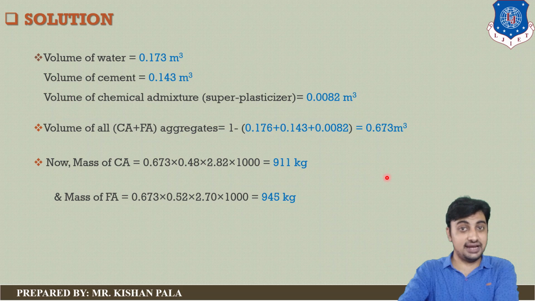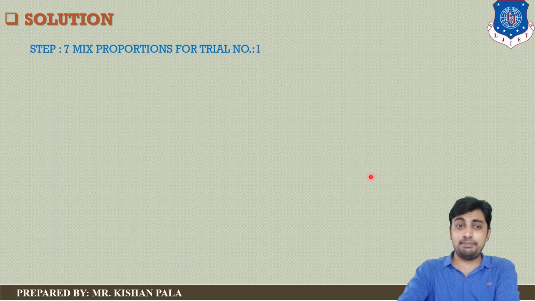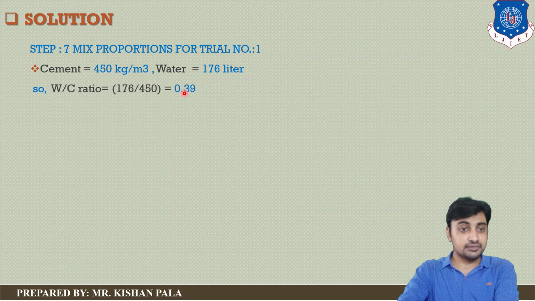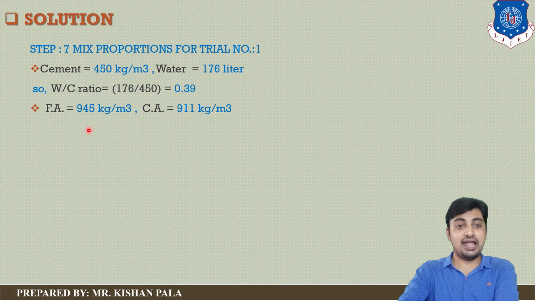After finalizing the volume of all the ingredients, we can finalize the proportion of the ingredients of the concrete mass. Our next step is mix proportions for trial number 1. We have taken cement mass as 450 kilogram per meter cube and water mass 176 liter, so the water cement ratio is 176 divided by 450, which is 0.39.